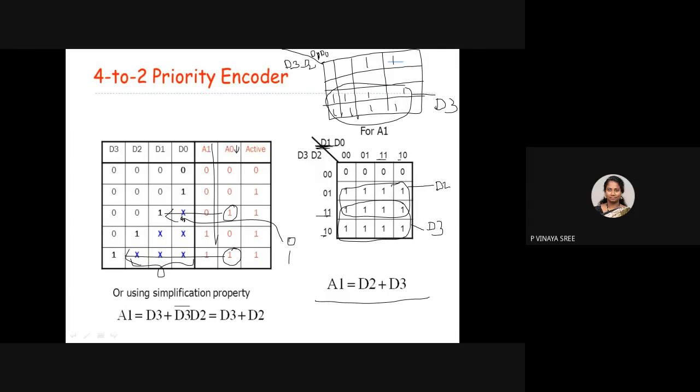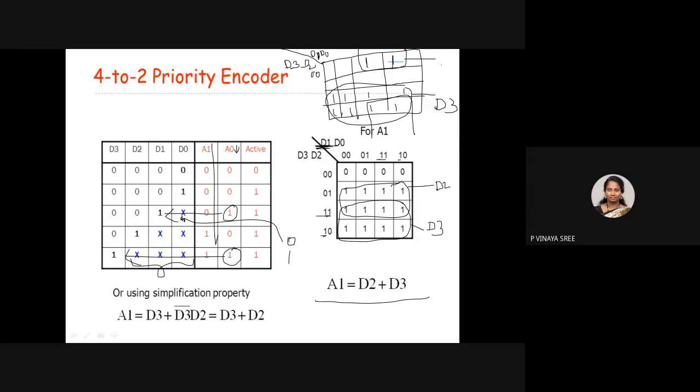Next we have 1, 1 here. What to do? Should I group 2? 4, ma'am. Yes, good. So this 2 and this 2. What is the expression for this? D3, D1, ma'am.